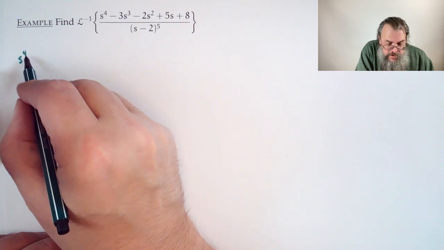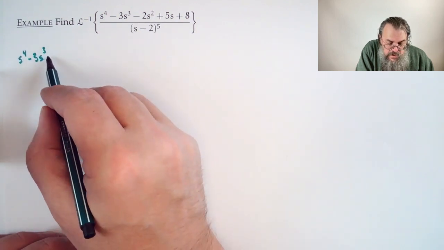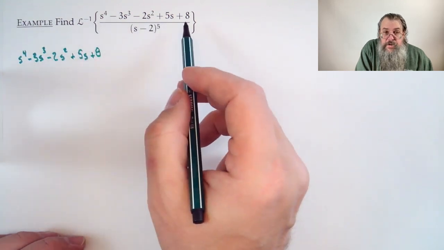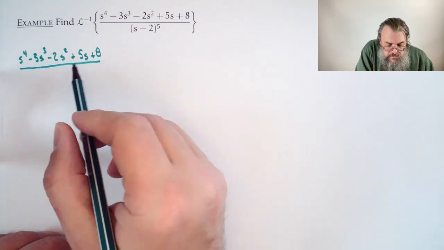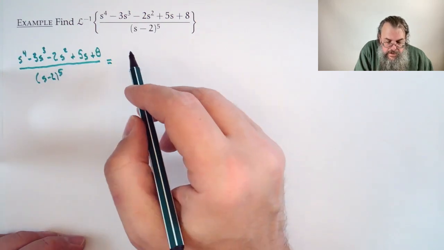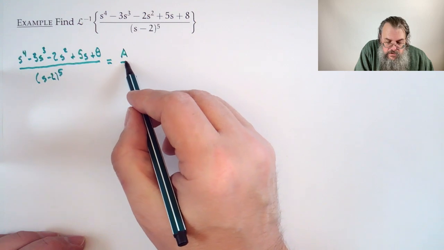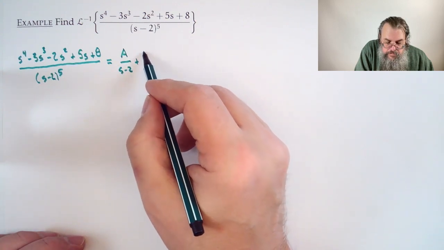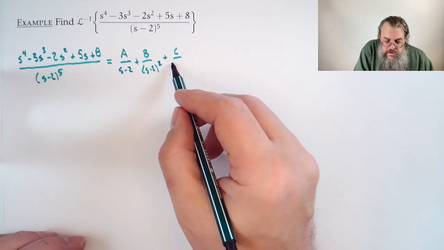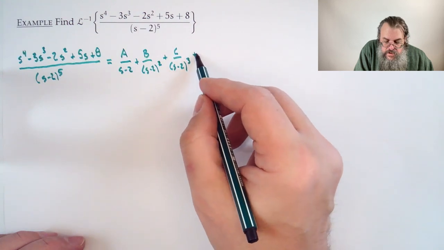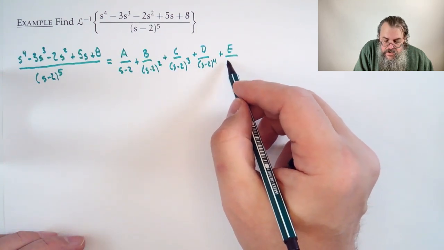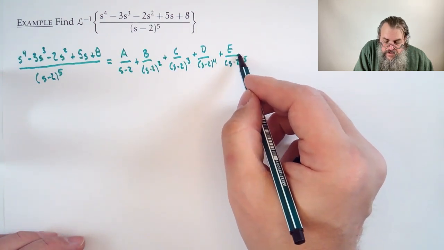This is going to be s to the fourth minus 3s cubed minus 2s squared plus 5s plus 8, just copying it down, haven't done anything yet, over s minus 2 to the fifth equals: we're going to have something a over s minus 2, b over s minus 2 squared, c over s minus 2 cubed, d over s minus 2 to the fourth, e over s minus 2 to the fifth.